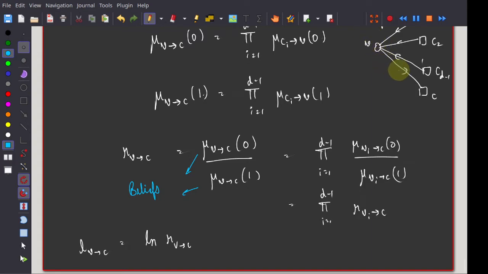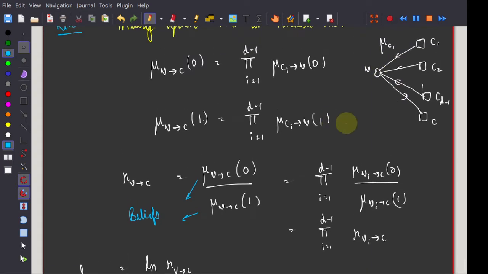One way to interpret this is you're gathering together all the information that C1 has about V, C2 has about V, and C d minus 1 has about V, but not what C has about V. And you're telling C that according to these check nodes, xv should be equal to 0 with some belief, and xv is equal to 1 with this particular belief.